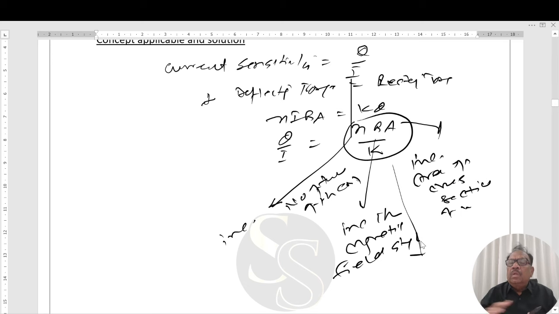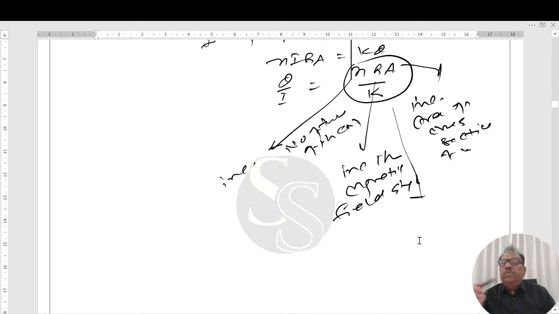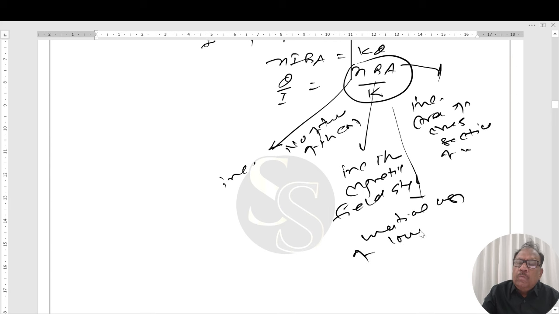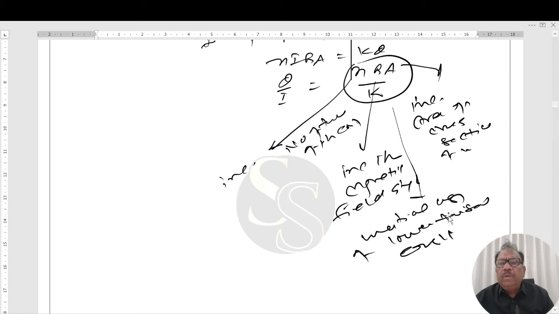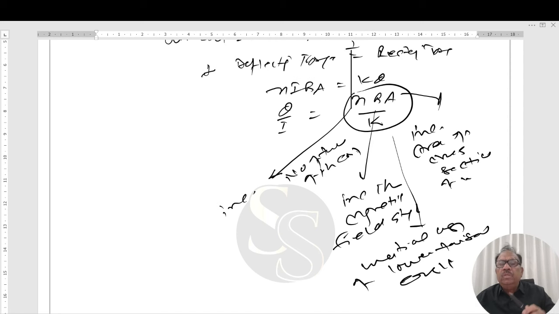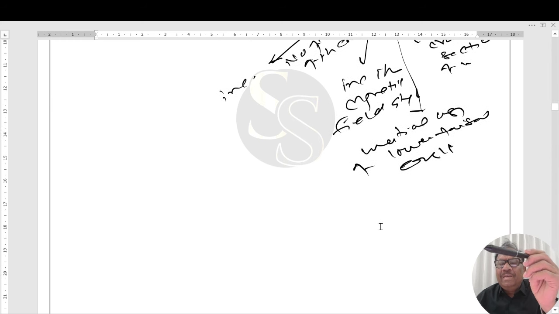Also, a phosphor bronze strip is used, a material of lower torsional constant. These are the factors on which current sensitivity depends, and if we want to increase it, the number of turns, magnetic field strength and area of cross section should be increased, and K should be decreased, right? Next question.